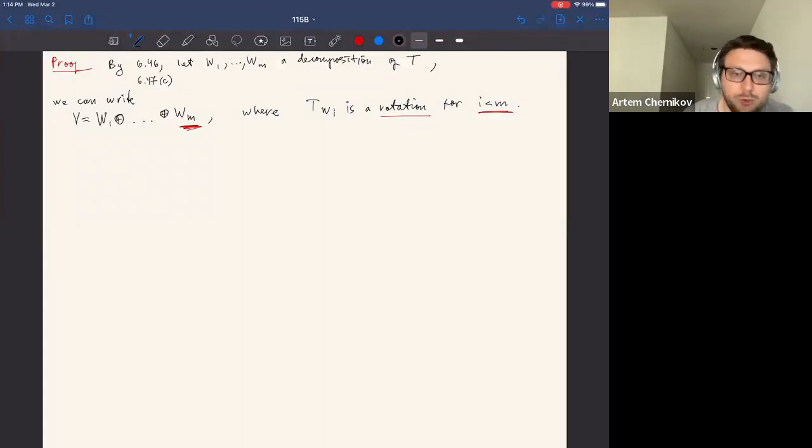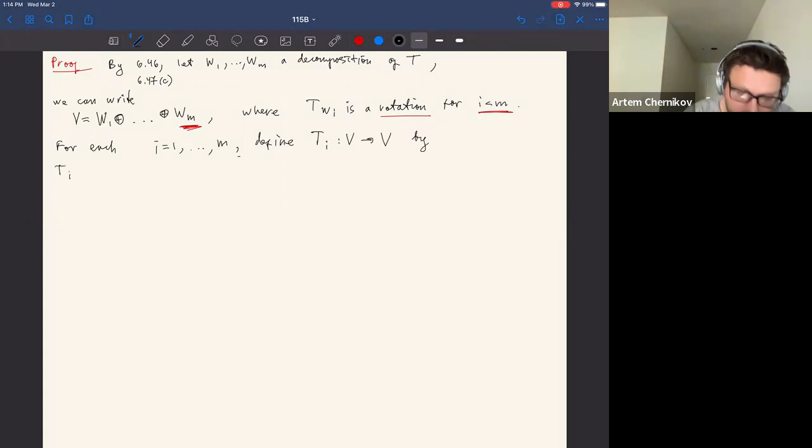Okay. So now, for each i from 1 through m, we define Ti, a linear operator from V to V, as follows. I'm going to take Ti of x1 plus x2, etc., plus xm, I'm going to take this to be x1 plus x2, etc., plus x_{i-1}.